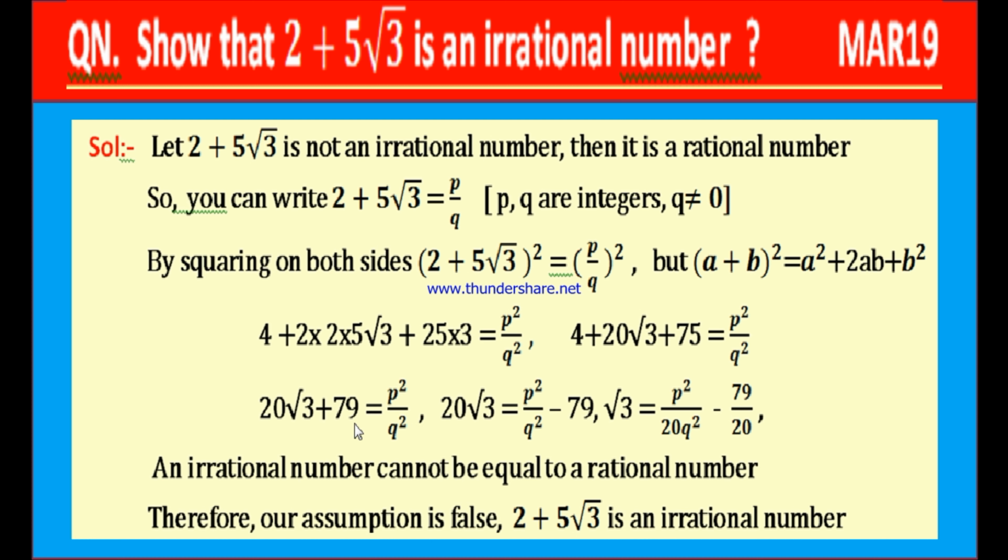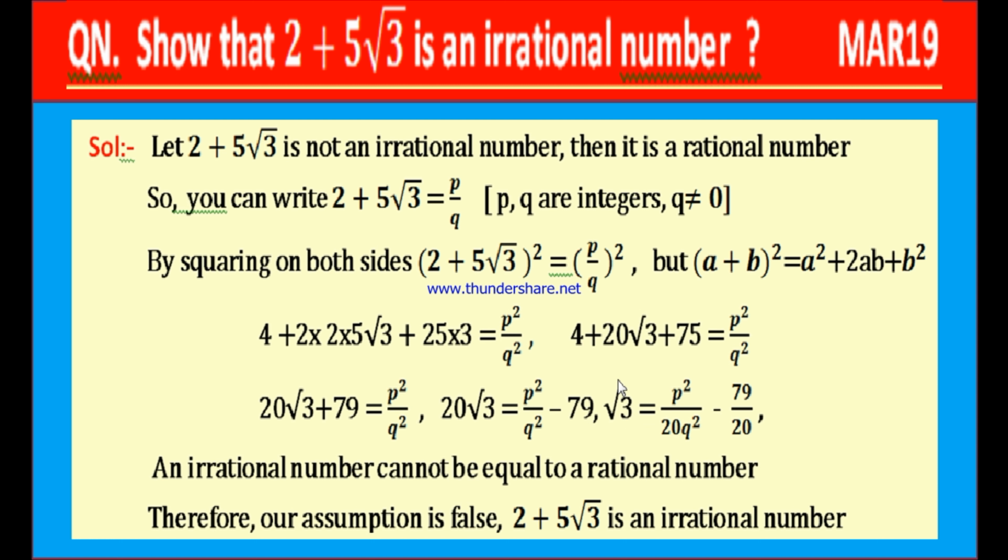Now take this 79 to the other side, and 20 root 3 is equal to p square by q square minus 79. And take this 20 to the other side. Here this 20 is multiplying, so on the other side we should divide. That is, root 3 is equal to p square divided by 20 q square minus 79 divided by 20.